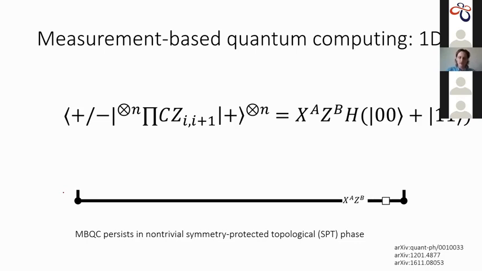I don't want to go too much into 1D SPT phases, but this is a kind of topological phase you can define in the presence of a symmetry the state has. And as long as you respect the symmetry and you're within this phase, you can, at least to some approximation, keep doing this MBQC. So it's tied to the properties of the SPT phase.